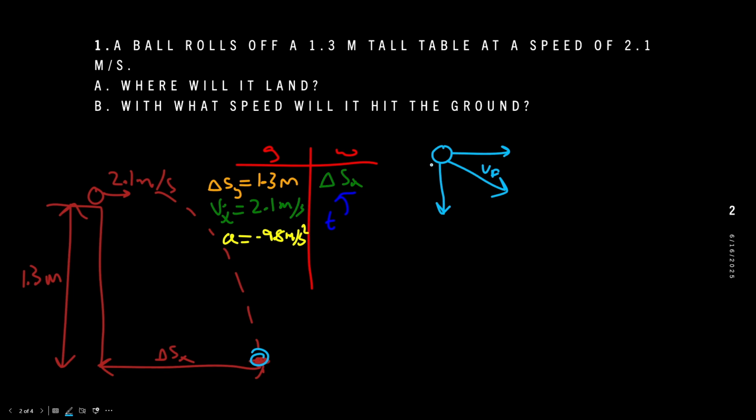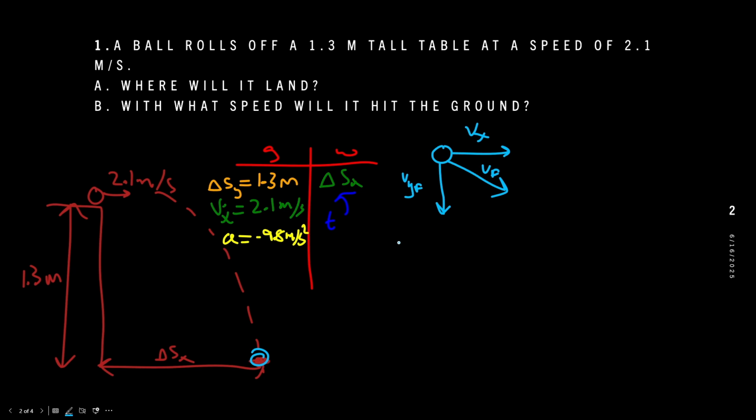And the vertical component is downwards because right before the end of its path, it's going downwards. So we could label this one as VYF and then label this as VX. And you notice that I never put it as VXF because the horizontal component of velocity is always constant throughout its path.